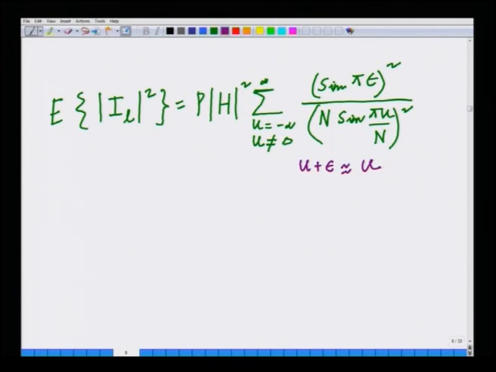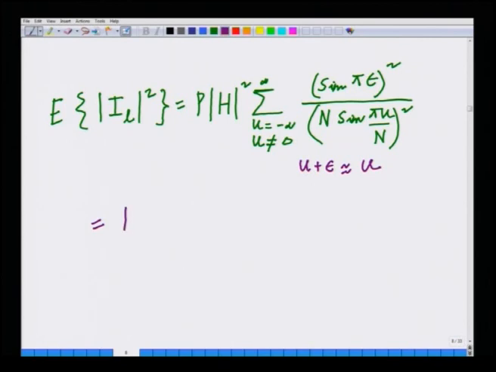So, for large u, u plus epsilon is approximately the same as u, epsilon being in fact a small fraction. Okay. So, this is the net expression that we get.